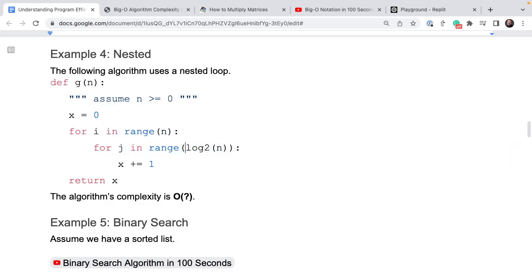And technically to make this appropriate, we should also call that an int, because of course log base 2 is going to return some float, so let's cast that to an int so that we can call range on that, because range, remember, needs an int. So take a moment, what do you think the running time of this one is?